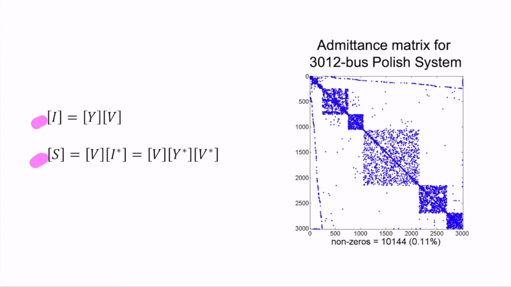On the right hand side, you have the admittance matrix for the Polish power system. You see that the diagonal, of course, has non-zero elements. Close to the diagonal, you have connections with the neighborhoods. So you see this matrix is pretty sparse. Only 0.11% of the elements are non-zero.